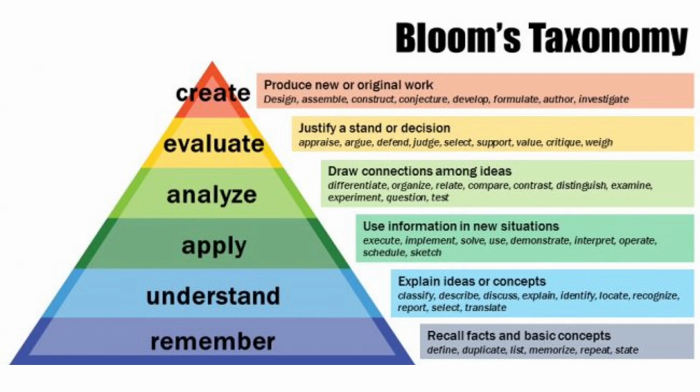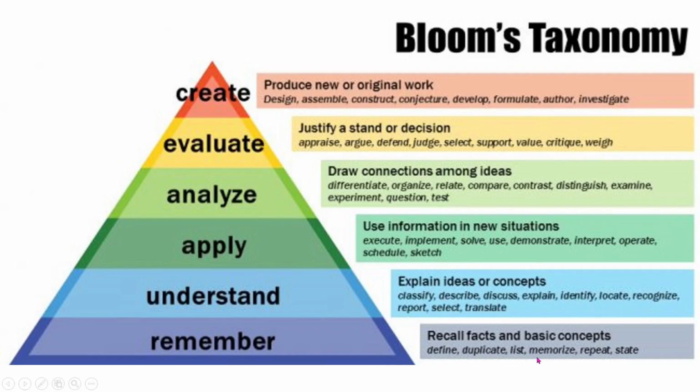As you know, there are 6 levels. The first level is remember. Remember means recall facts and basic concepts. The verbs we use for recalling facts and basic concepts are define, duplicate, list, memorize, repeat, and state.